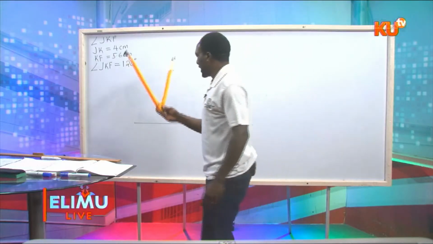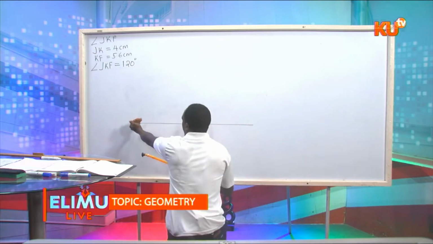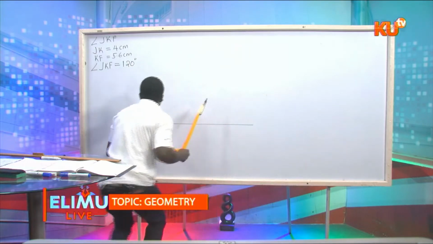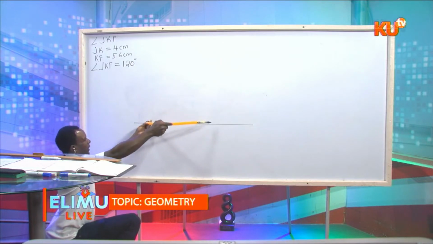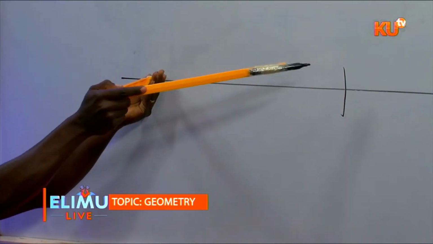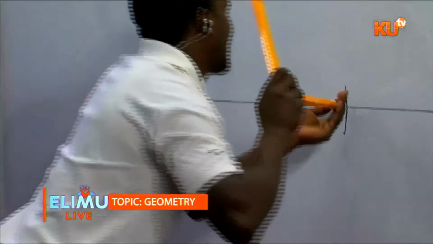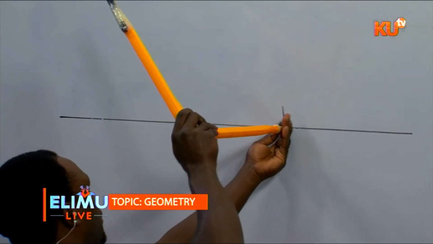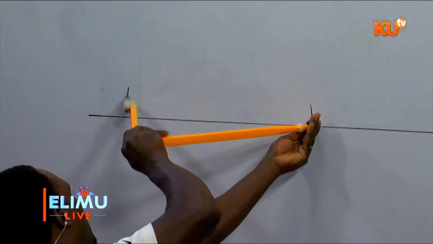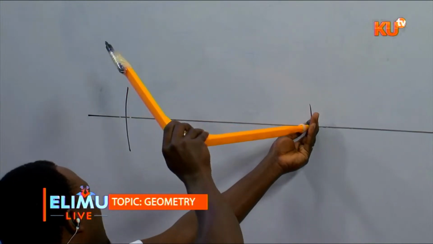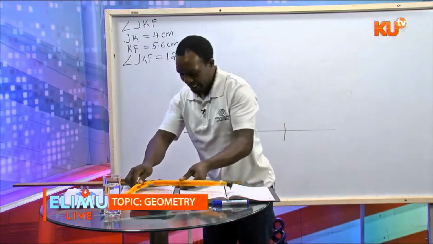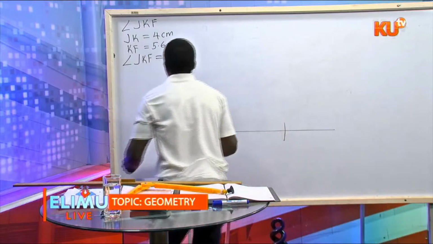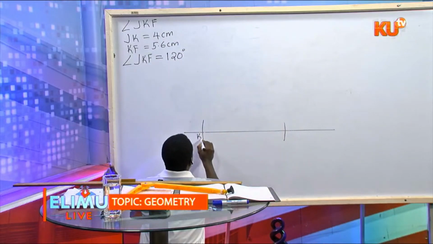Don't tilt it. Leave a small space on these sides, and then put a small arc there. Then come onto that arc and put another arc there. Put your compass down. Label that point KF.